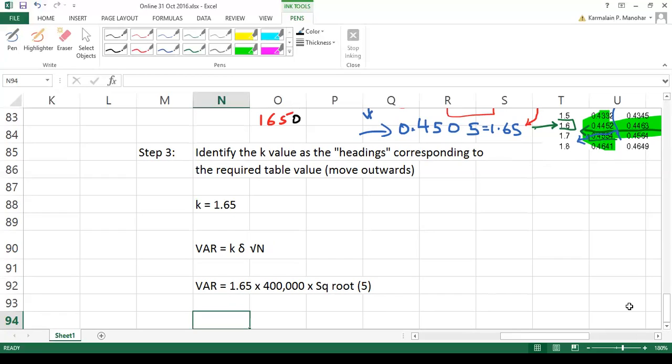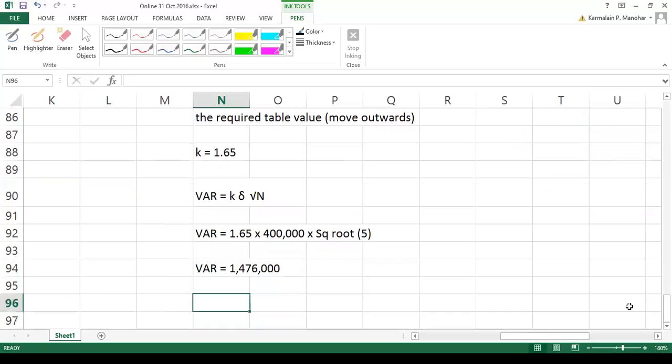In other words, 1,476,000 as we round after thousands once more. So VAR equals 1,476,000. Right, so this would be once more at the 95% CI, confidence interval.